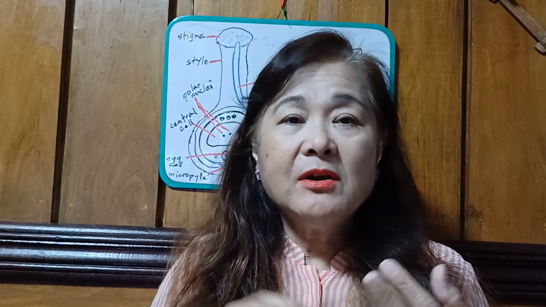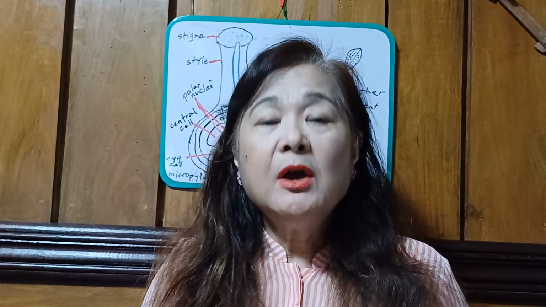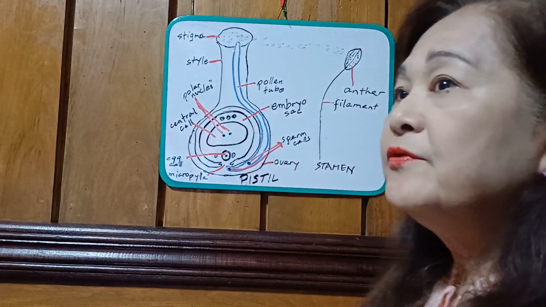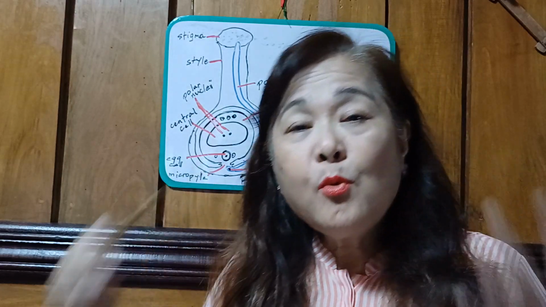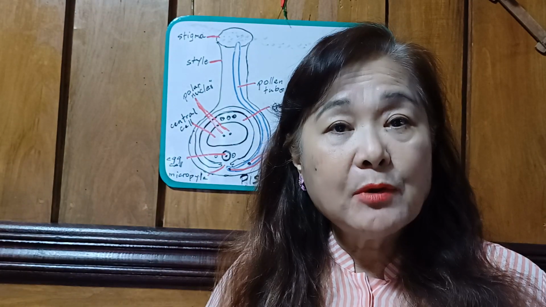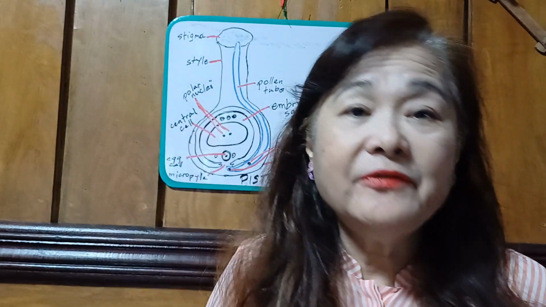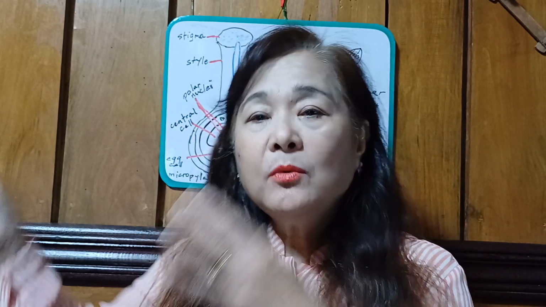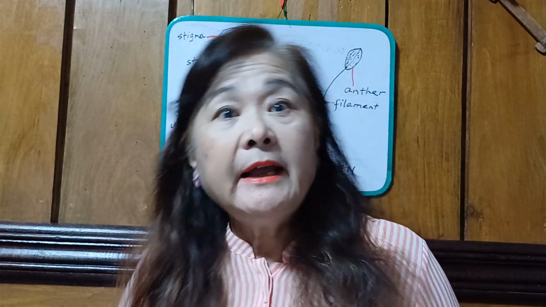The other type of pollination is called cross-pollination. That is the transfer of pollen grains from the anther of one flower to the stigma of another flower of a different plant. I repeat, that is the transfer of pollen grains from one flower to the stigma of another flower, and that should be another plant.